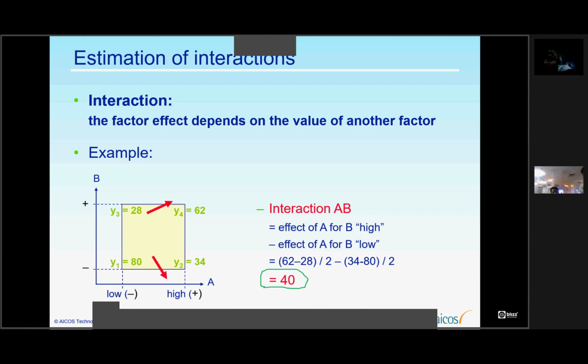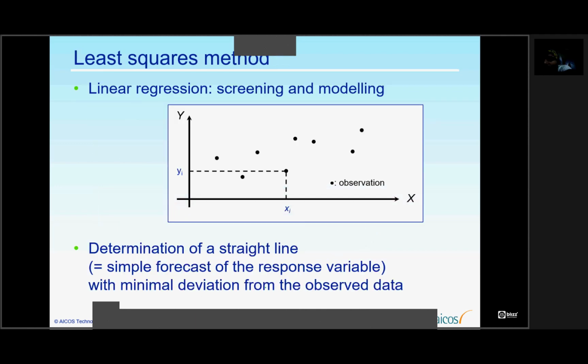So having seen that, and this is probably the most complex mathematical slide of the whole presentation, I'd like to summarize how it works in general, because this was just explaining the basic calculation to demystify the methodology. In general, if you have several factors, the software will calculate linear regressions to fit a model.